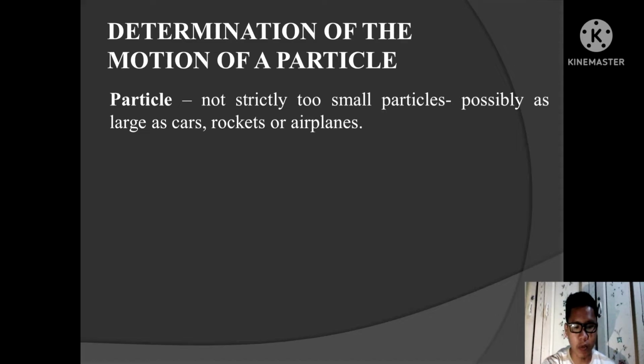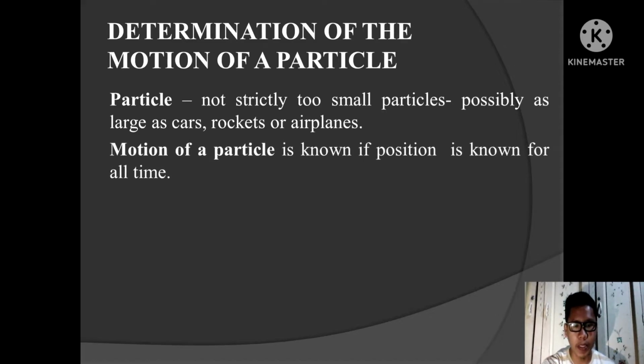So we also have that the motion of particles is known if position is known for all time. A very good example of the motion of a particle is the motion of the ocean. You will know how the ocean moves, whether its direction is forward or backward.